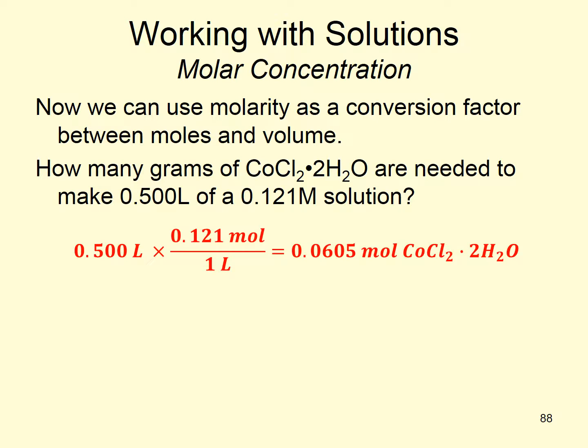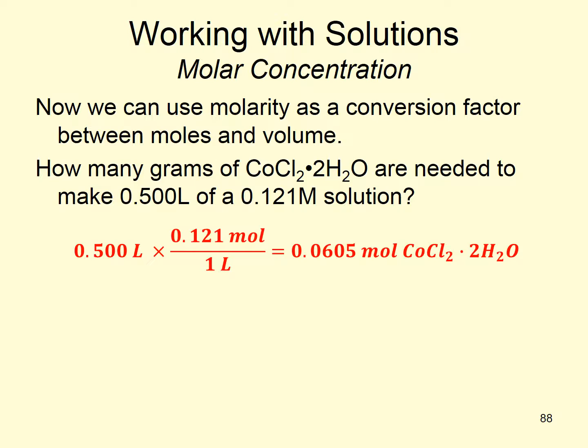All right, so if we convert, we make sure that it's 500 milliliters, or 0.5 liters. And now we use our conversion factor, 0.121 moles per 1 liter. We'll get 0.0605 moles of cobalt chloride dihydrate. It's actually cobalt 2 chloride dihydrate. Okay, so now we know how many moles that is.